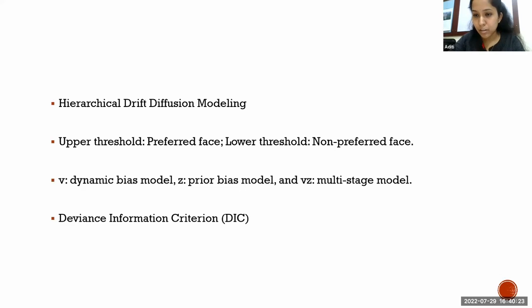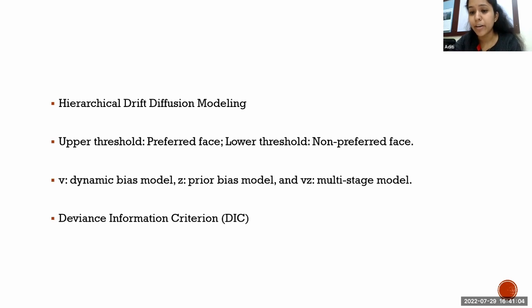We used hierarchical drift diffusion modeling, which is used for the hierarchical Bayesian estimation of drift diffusion model parameters. So models were response coded such that the upper threshold corresponded to the response congruent to the preferred phase. For example, self was the preferred phase in self-familiar pair and self-unfamiliar pair, and friend's face was the preferred face in friend-unfamiliar pair, and the lower threshold to the non-preferred faces.